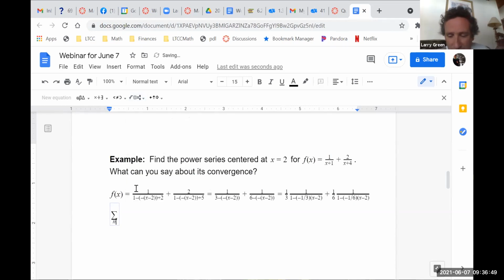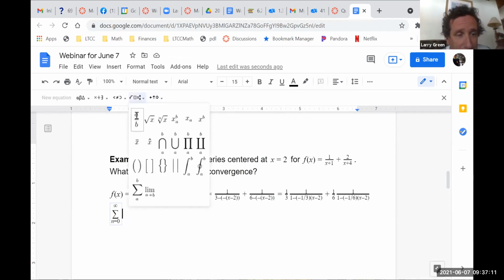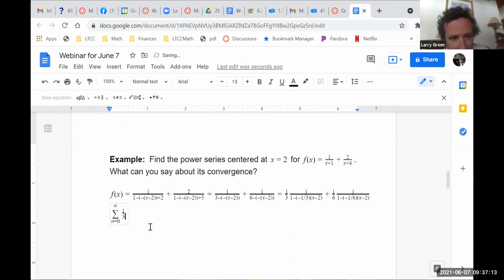n equals 0 to infinity, and then we still have the 1/3, as a fraction, 1/3. And now notice our r is negative 1/3 times x minus 2.